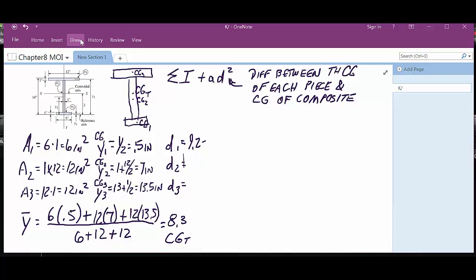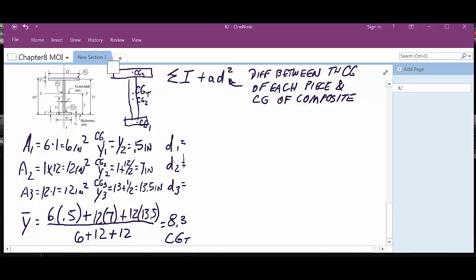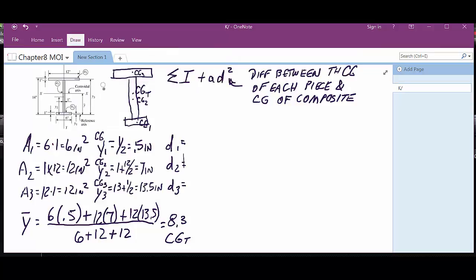So we want to get rid of that, don't we? So then it's just a matter of taking the difference between those two numbers. So it's 8.3 minus a half inch, right? So what's that? 7 inches, right?